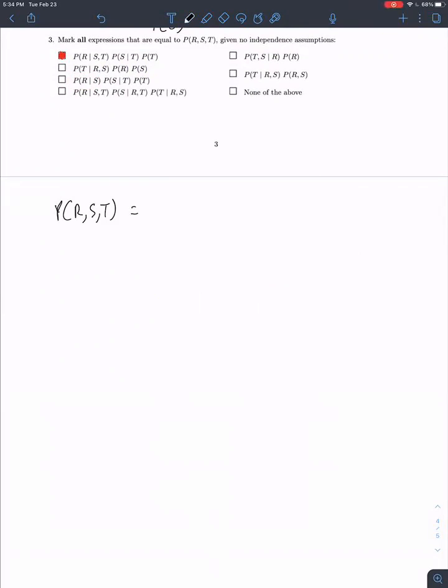It would be like probability of S and T times probability of R given S and T. And now the question is, is it the case that probability of S and T is equal to probability of S given R and T times probability of T given R and S?